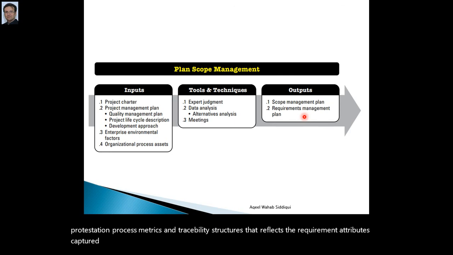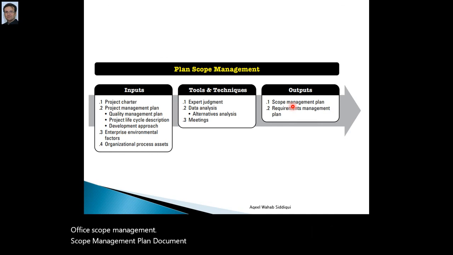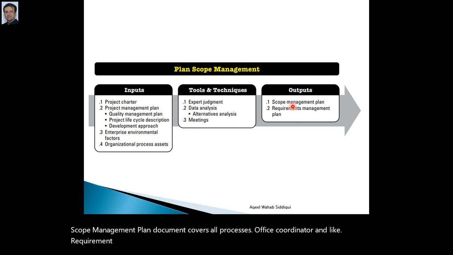So a scope management plan is related to all 6 processes of scope management. The scope management plan document covers all processes of scope management, like collect requirements, define scope, create WBS, validate scope, and control scope. But the requirements management plan, which is a part of the project management plan, is specific to requirements gathering from the stakeholders, like how you will gather requirements from the stakeholders and what your strategy will be to gather them.